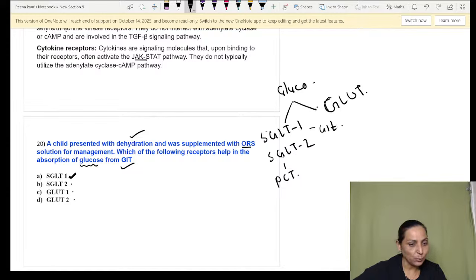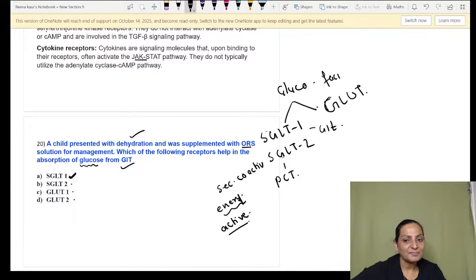These SGLT1 and 2 are examples of secondary active transport mechanisms. That means they are energy consuming, they are using energy. GLUTs are examples of facilitated diffusion.